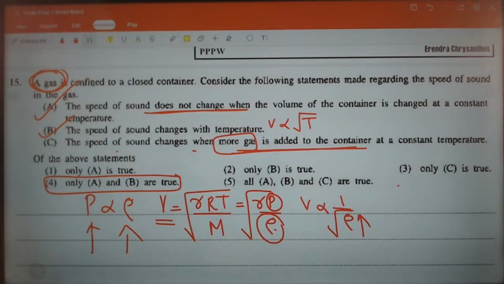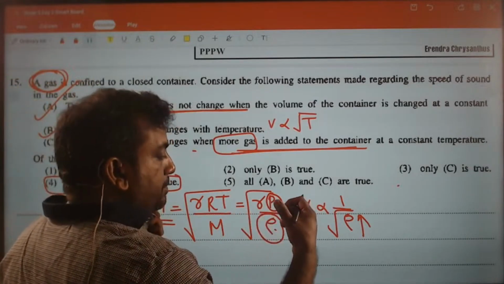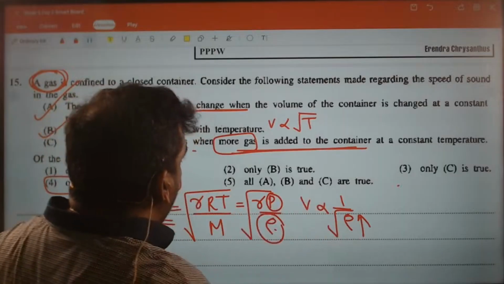If more gas of the same type is added, density changes, pressure will also change, velocity of sound in air will not change.